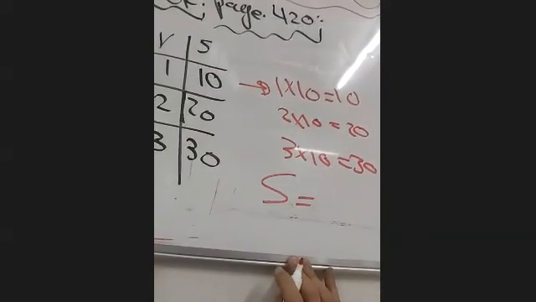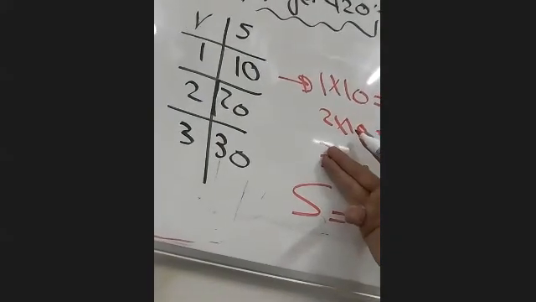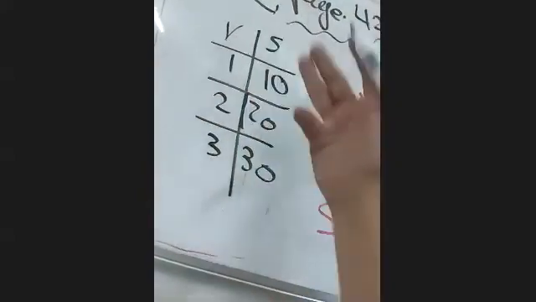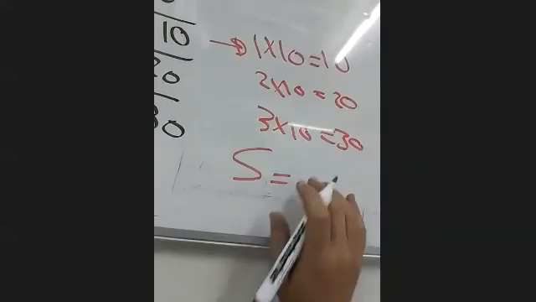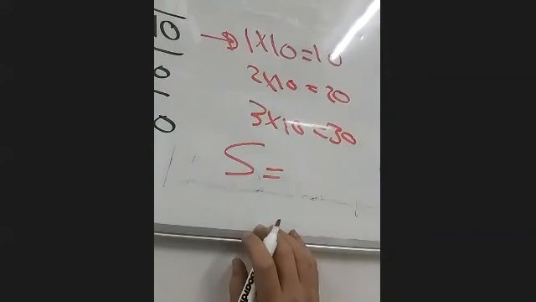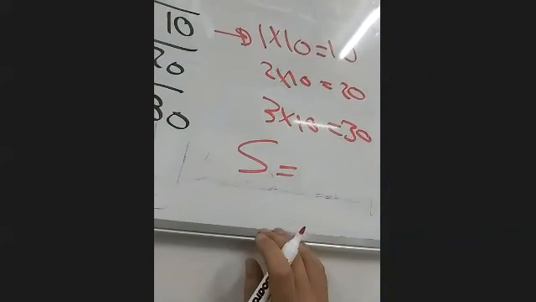Who is multiplied by 10? 1, 2, 3, right? Are these 1, 2, 3 for S or for R? For R. So what will I write here? S equals what? S equals R only, like this?